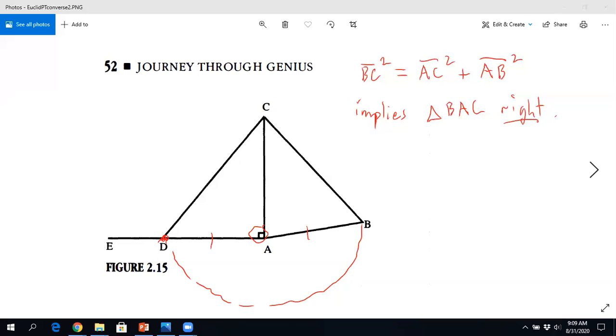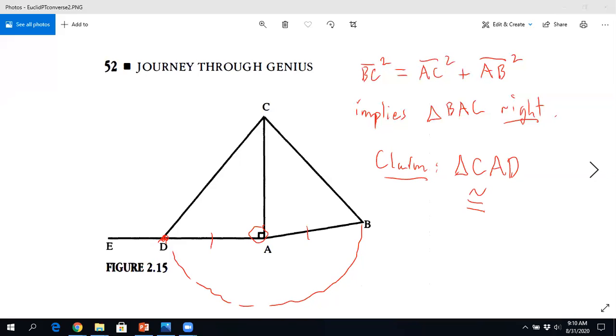Obviously, I'm staring at triangle CAD. So here's the claim I'm going to make: triangle CAD is congruent, you guys know that little symbol for congruence.